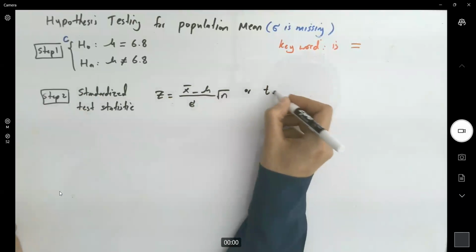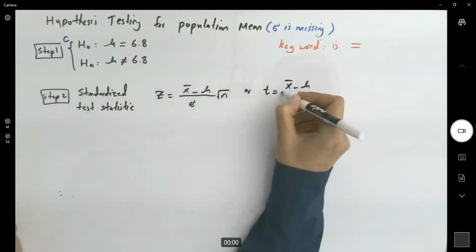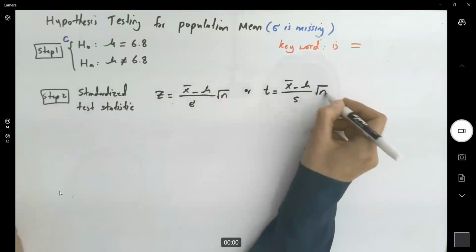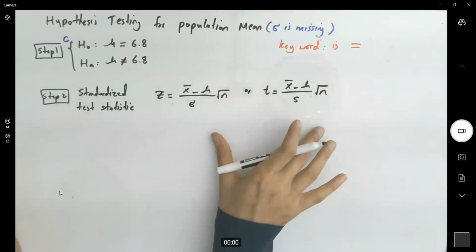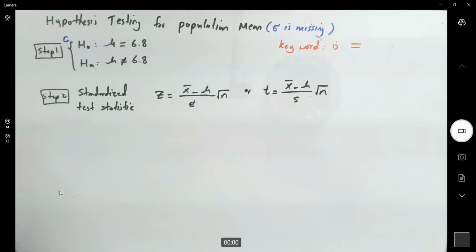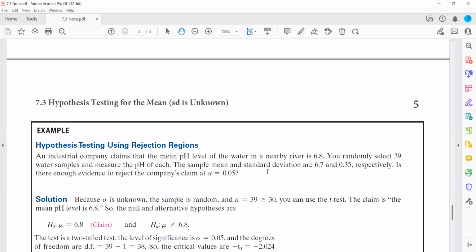Or is it t, x bar minus mu, divided by s over square root of n? Which scenario is this? Let's take a look at the question again. Do we have any information about the population standard deviation? No, we only know the sample mean and sample standard deviation. It means that we are dealing with the t distribution.